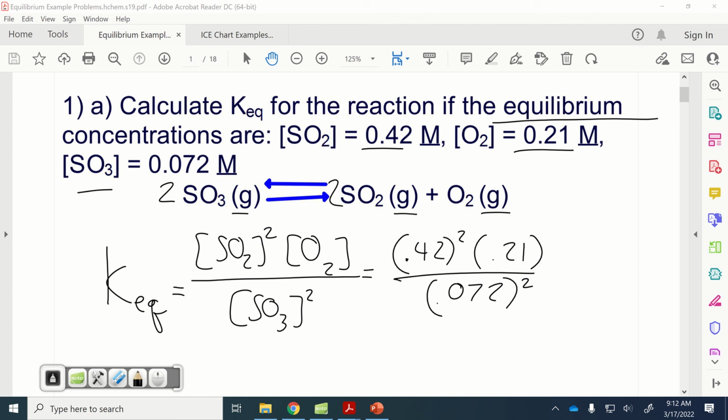The M's just basically cancel themselves out. All right. So I would go ahead and do 0.42 squared times 0.21, divided by 0.072 squared. And I think we're all good, right? Yep. So the KEQ for this one would simply be 7.1. And there's your answer. 7.1.